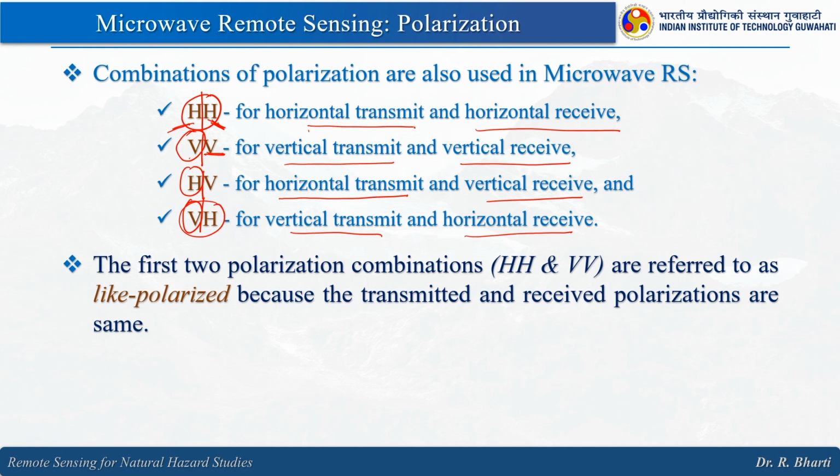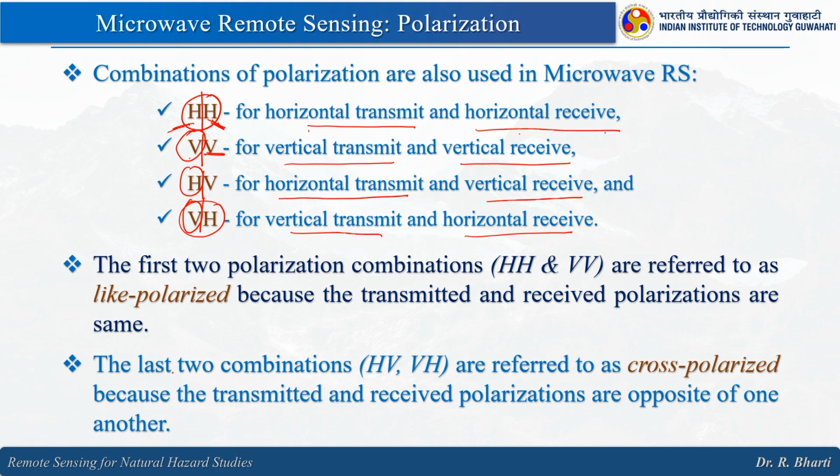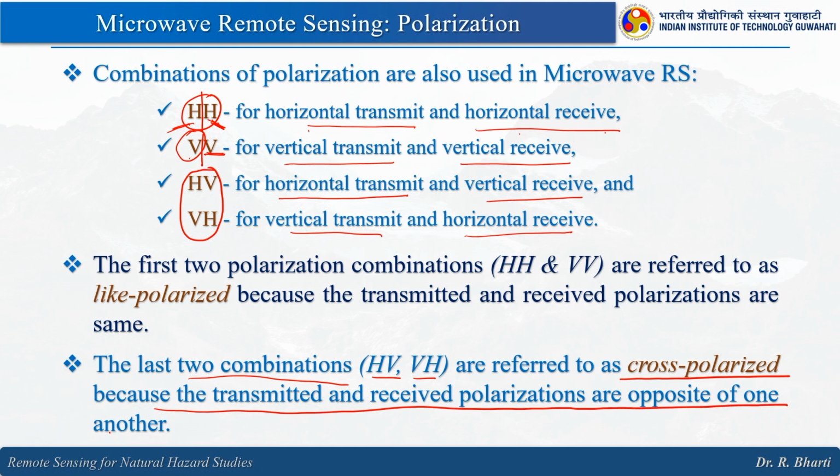So, horizontal transmit, horizontal receive. The last two combinations, HV and VH, are referred to as cross polarized, because the transmitted and received polarizations are opposite of one another.